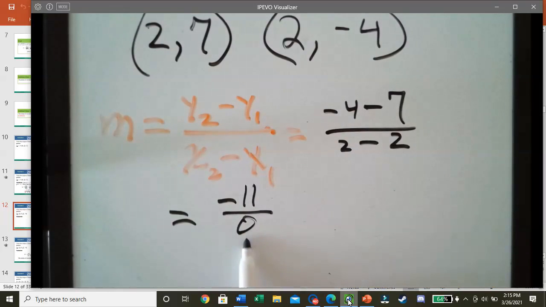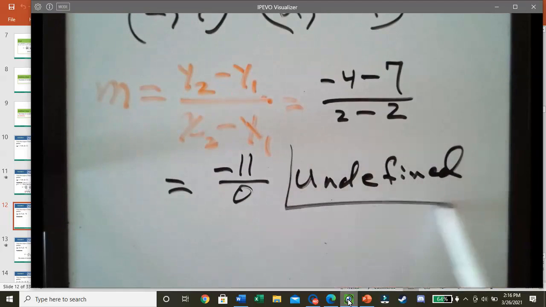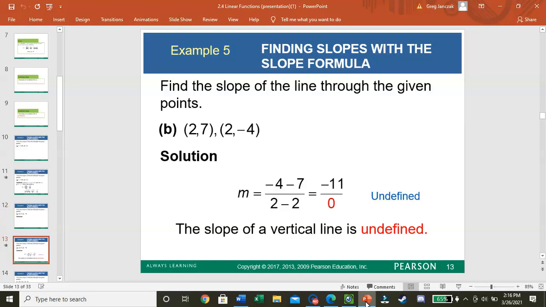Well, if 0 is in the denominator, it's undefined. That is correct. Undefined. So our slope is undefined because there's no change in the x value. It's a vertical line. There's no change in x, so it's undefined for slope. Okay? Questions there? All right, good work on that.